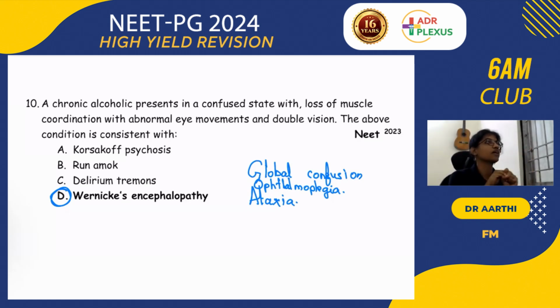In Korsakoff psychosis, the feature becomes amnesia. Along with Wernicke's encephalopathy, the patient presents with amnesia. What type of amnesia? He's not able to form new memories, so he has predominantly anterograde amnesia. Say I don't remember whether I had a coffee or not.